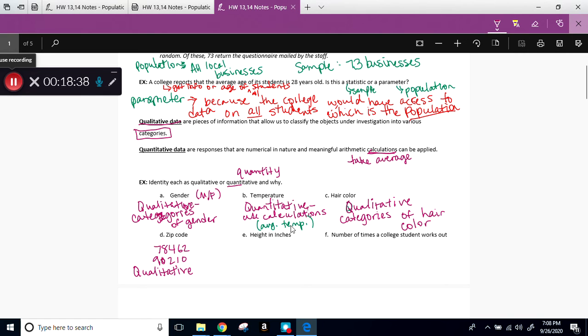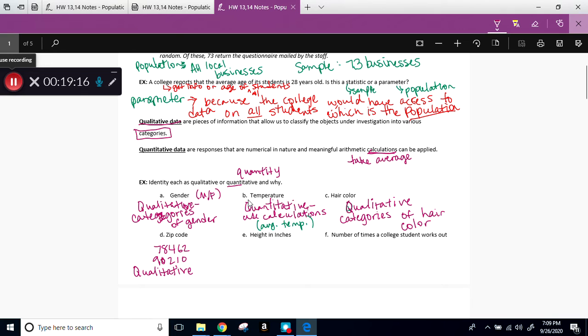So let's go on. Height in inches. Now, height can be like 62 inches, 47 inches, and things like that. So you can do some calculations with that. You can say, oh, this one over here is 18 inches taller than that. You can compare, and we can even take an average height of college men from age 18 to 30 or something.